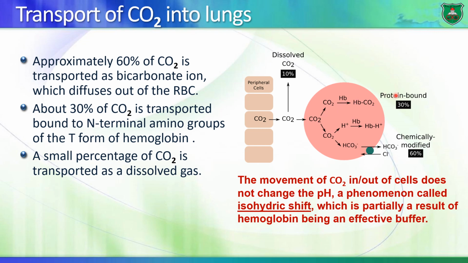Remember, we talked about the bicarbonate ion, and we said that it's the predominant buffering system in blood, but also hemoglobin plays a very important role whereby it can bind to protons. It can absorb protons. So hemoglobin plays a very important role in maintaining blood pH, a phenomenon known as isohydric shift.